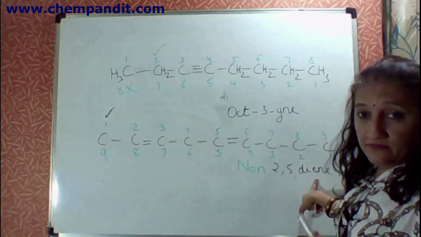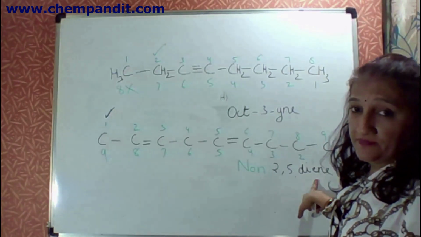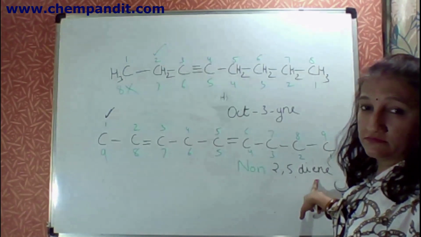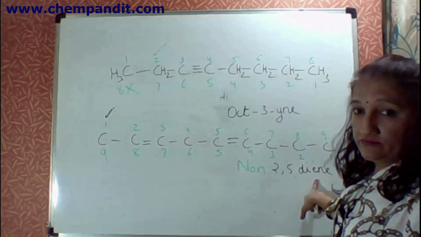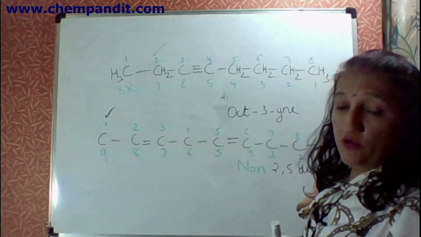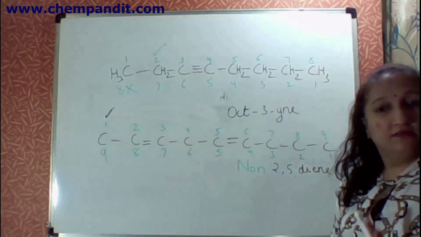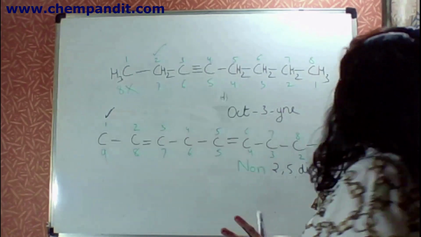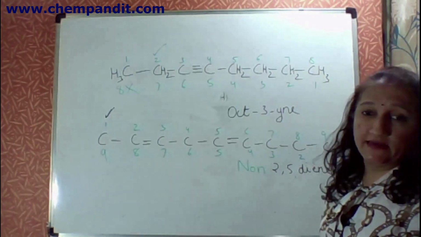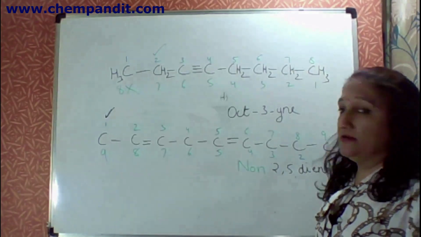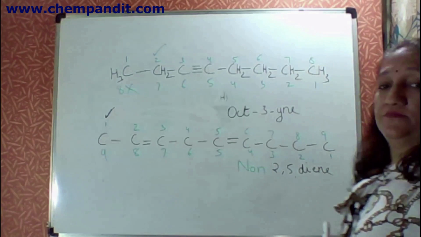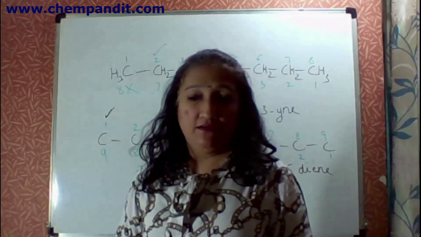Diene means, you already know. So the prefix di, tri or tetra is used before ene or ine. Clear? The rule is the prefix di, tri or tetra before ene and ine will be written. So the name of the compound is non-2,5-diene. Is this clear to everyone?